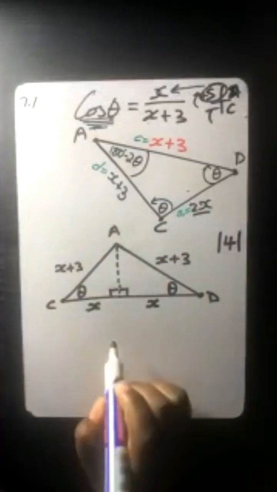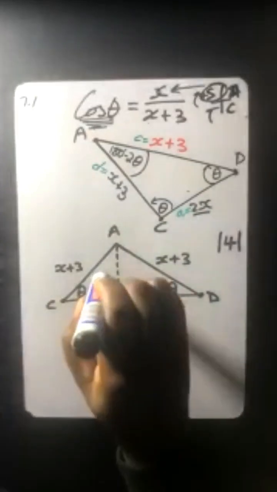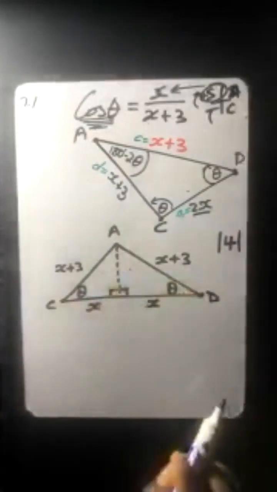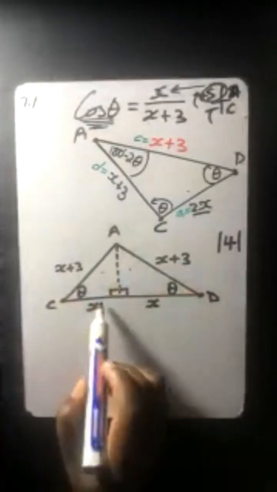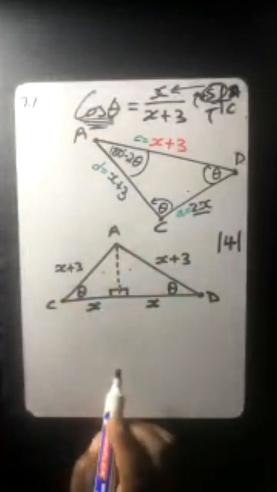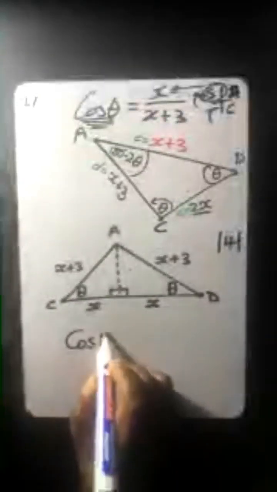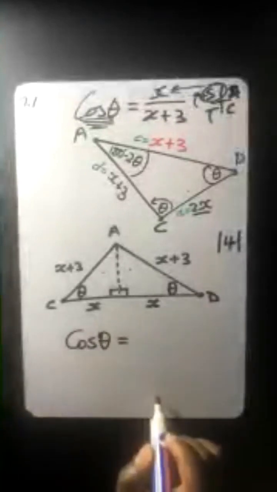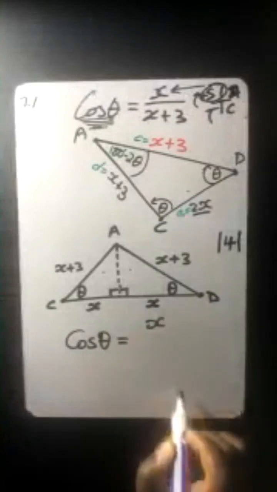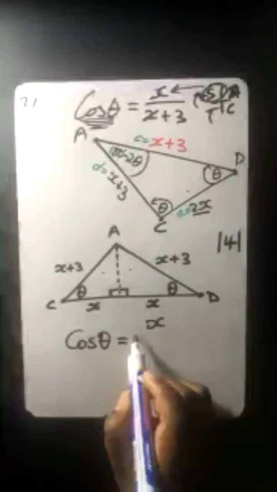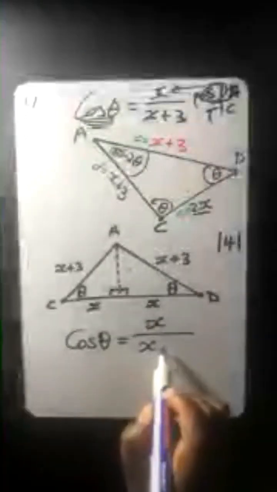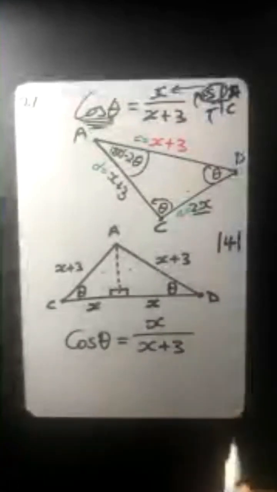Yeah, so now can you guys see? We can either use this or that. Which trig ratio has adjacent and hypotenuse? Is it not cos? So that means cos of an angle is equal to adjacent, being x, over h for hypotenuse, being x plus 3.